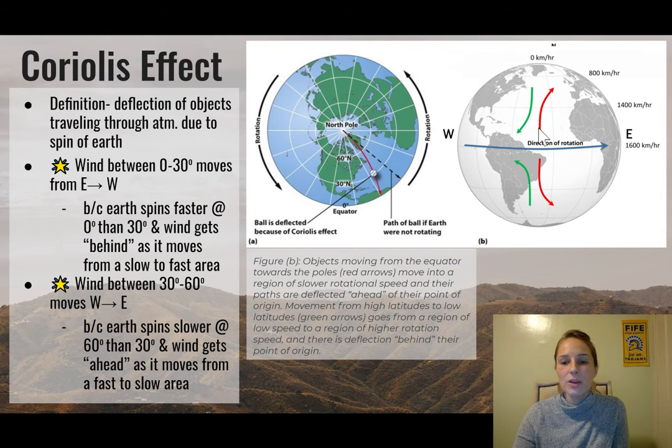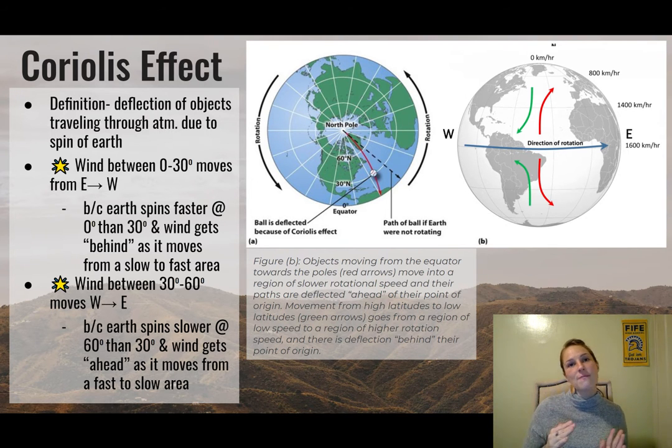And so if you were to be in the middle here, and let's say that we have wind coming down in this area, like at the 30-degree latitude, and it's moving towards the 60-degree latitude, it's going to go from an area of moving fast to an area of moving slow.